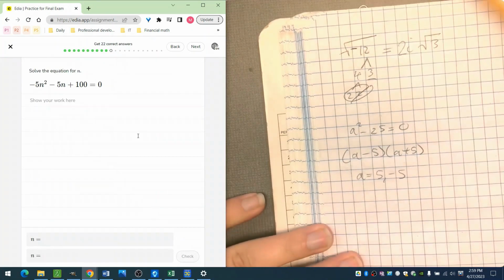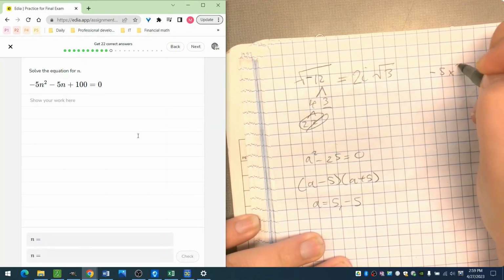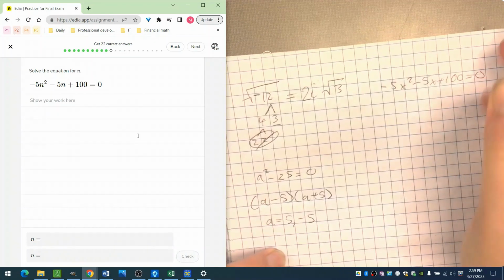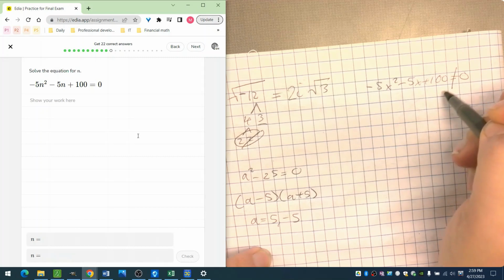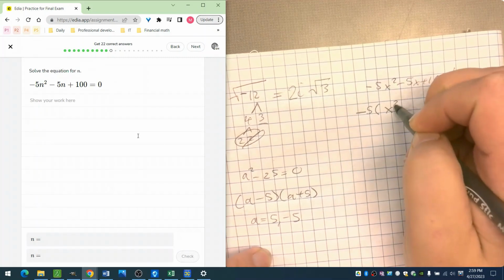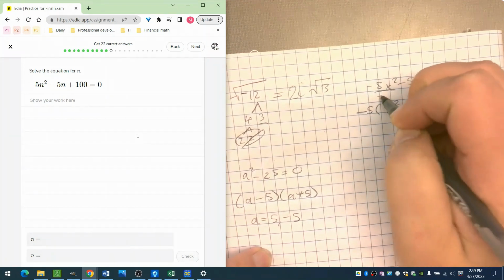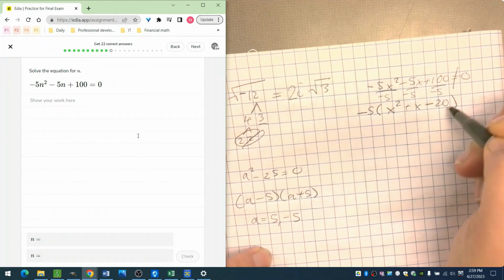You're going to have one where you're going to factor stuff out. So I've got negative 5x squared minus 5x plus 100 equals 0. It has to be 0 or you can't start. If it's not 0, make it 0 by moving it to the other side. I'm going to take a negative 5 out. So I just really divided each of these by negative 5 to figure out what would be inside.